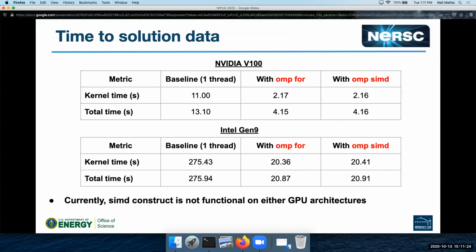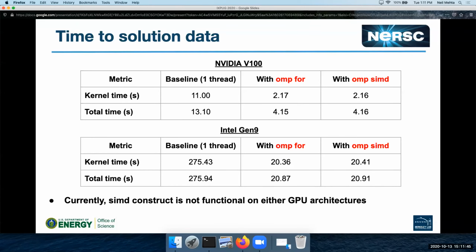And so the time to solution of the data that we currently have: on NVIDIA, the baseline, which is basically an OpenMP code run using just one thread, requires 11 seconds for kernel time, whereas on Gen9 you have 275 seconds.